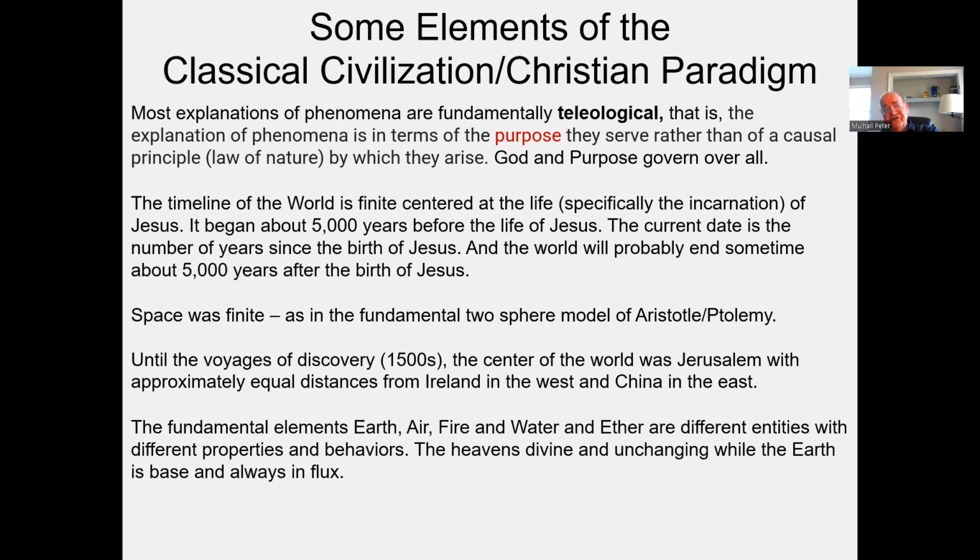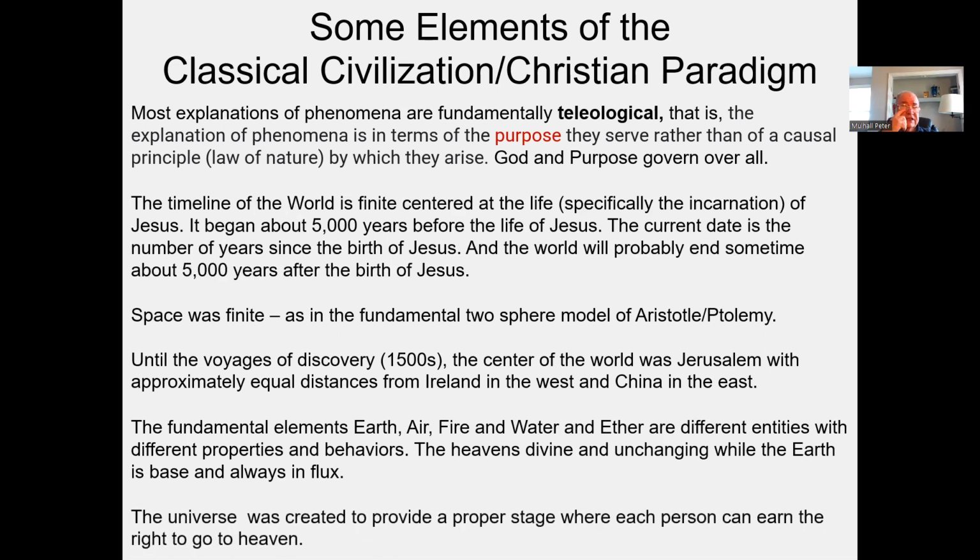And then the fifth is the ether. The heavens are divine and unchanging. The ether is a divine, unchanging, eternal substance, while the earth is base and always in flux. This was a very fundamental idea, common sense that everyone knew, part of the fundamental paradigm that has to be overturned if we're going to move into the modern world.